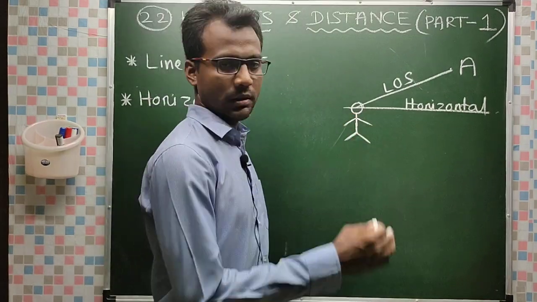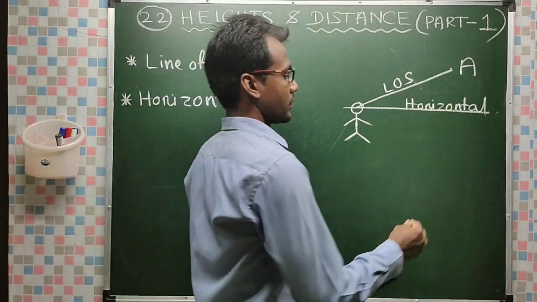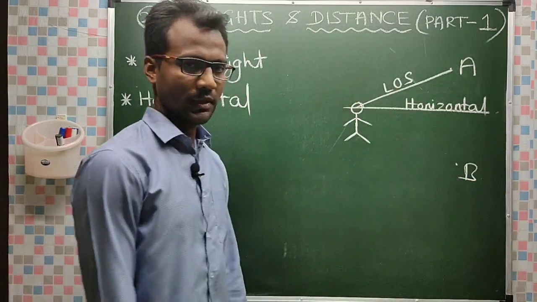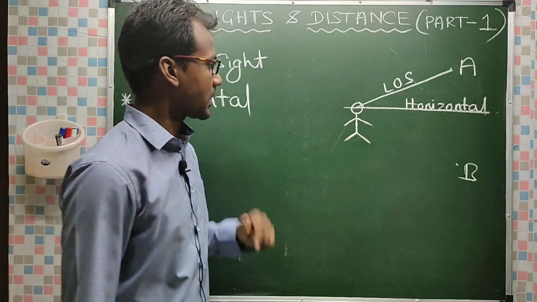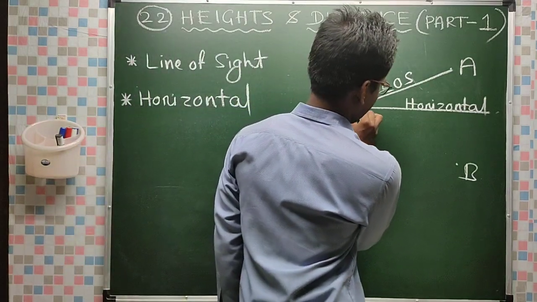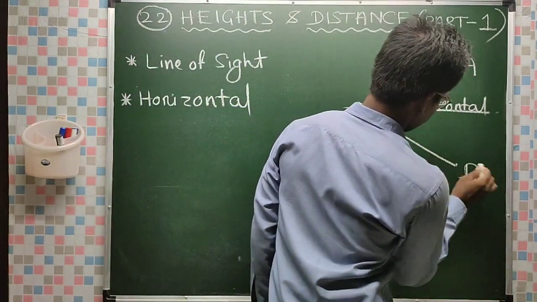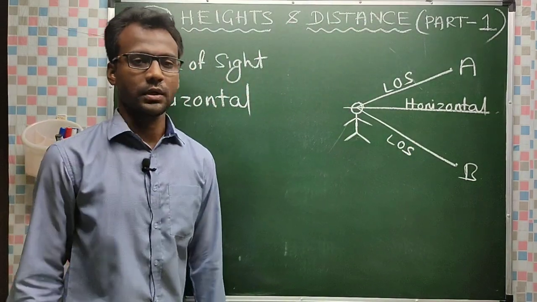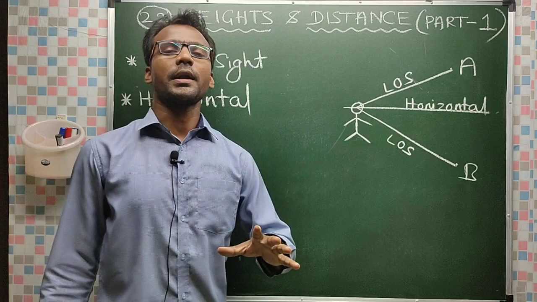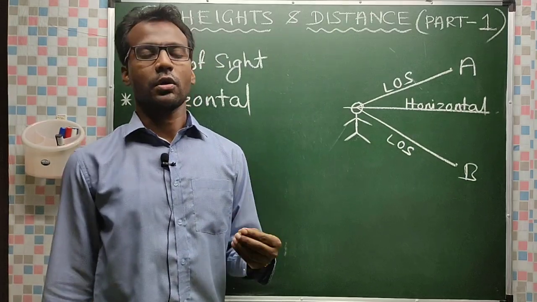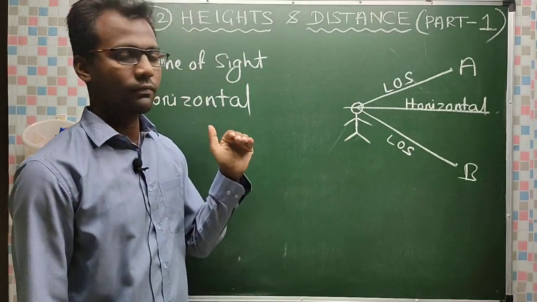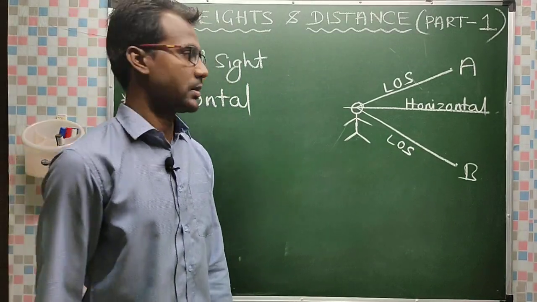But the point A can be below also. Suppose I am taking one more point B. The same person is looking at B now. This is also line of sight. So wherever you are looking at, the imaginary line that you draw is called line of sight. Now this is horizontal, the line that is drawn from your eyes parallel to the ground.